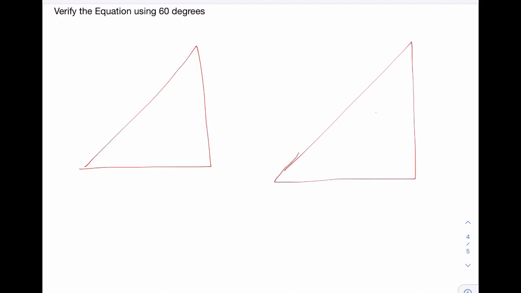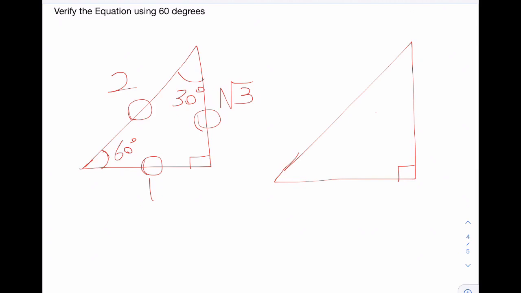So just to review, we have two special triangles. So let's draw two triangles like that. First, if we have 60 and 30 degrees in a right triangle, the side facing the 60 degrees will be root 3, the side facing the 30 degrees will be 1, and the hypotenuse will always be 2.